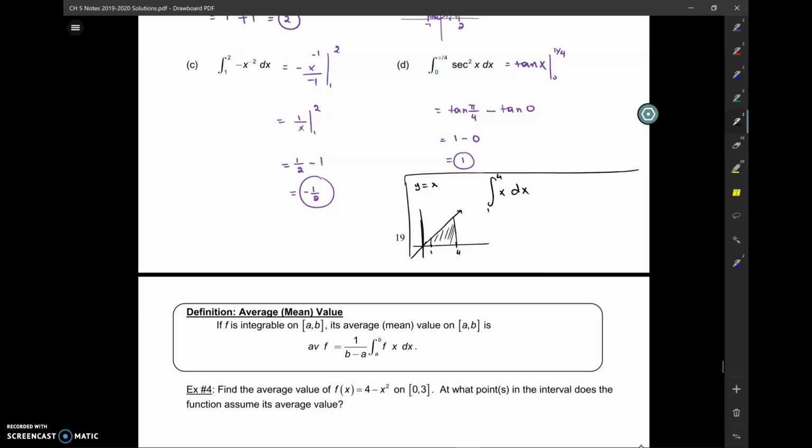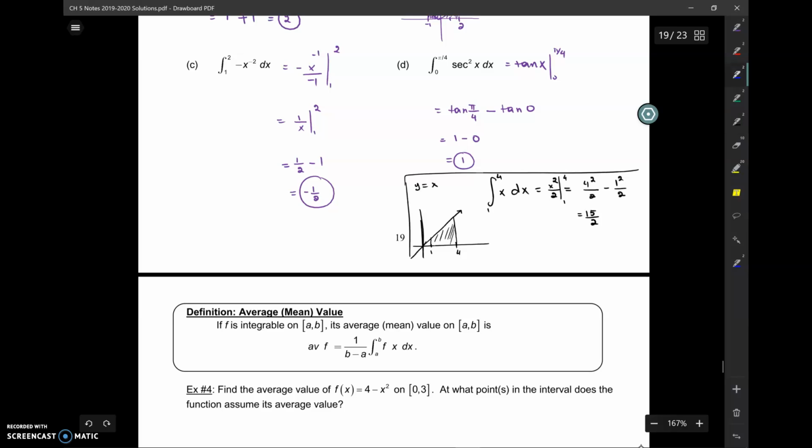Okay. What does the math tell me? That this is going to be x squared over 2. Oh, sorry. Evaluated from 1 to 4. And that's going to be 4 squared over 2 minus 1 squared over 2. What's that? 15 over 2.